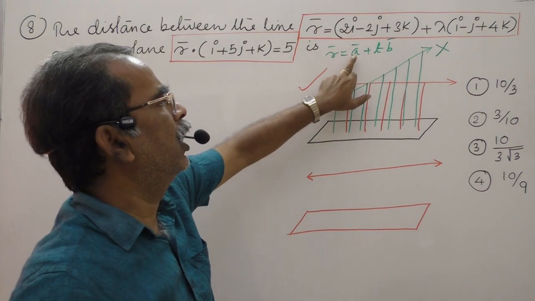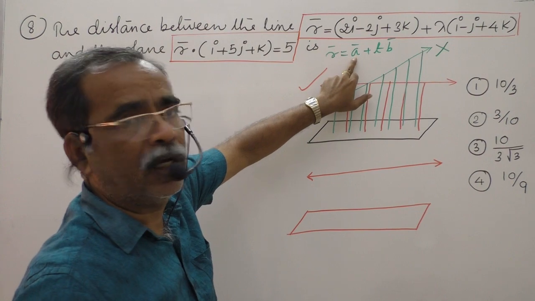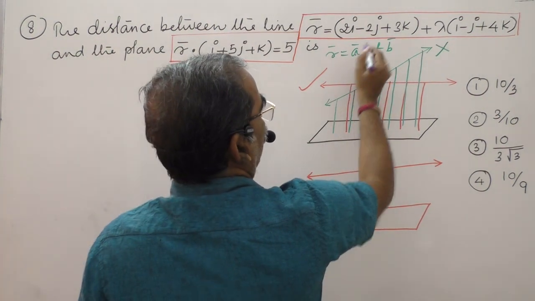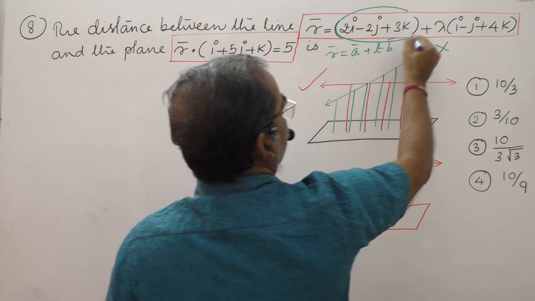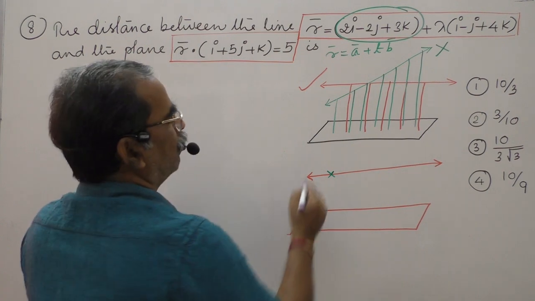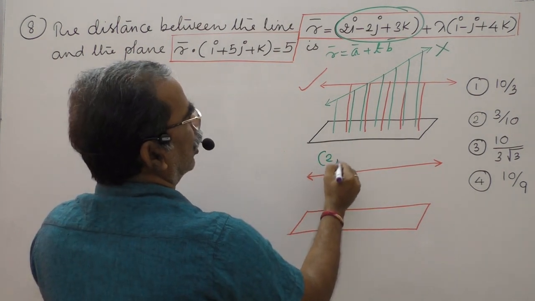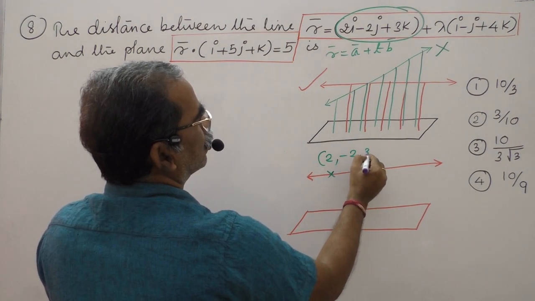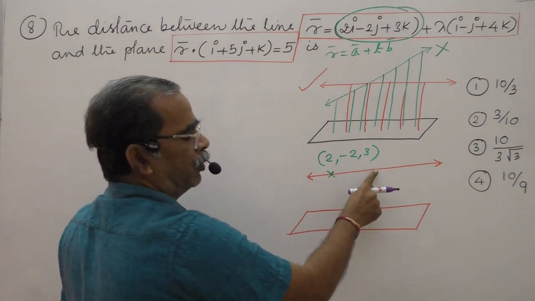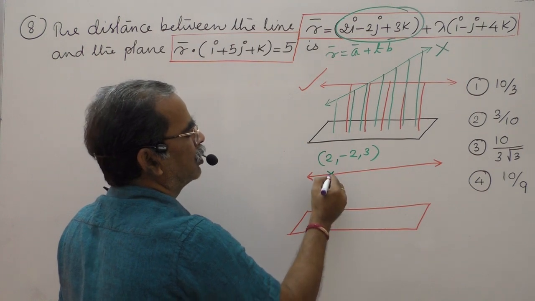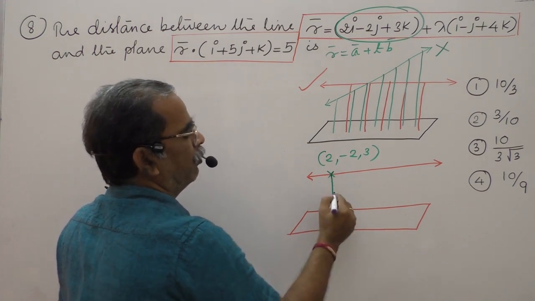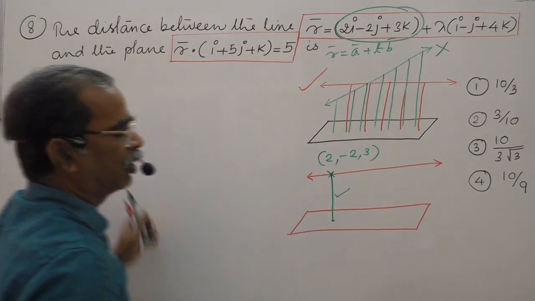It represents a line passing through the point a bar and parallel to vector b bar. Here a bar is a point, that means this is a point on the line. I will take a point here. So it is a point on the line, 2, minus 2, 3. Distance between line and plane is nothing but the distance from this to this. If you find this, that will be enough.